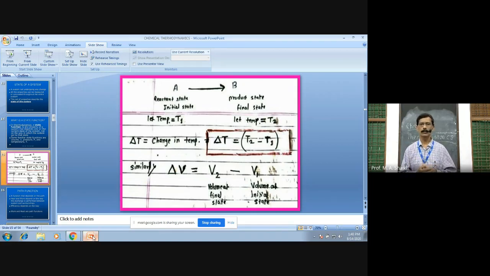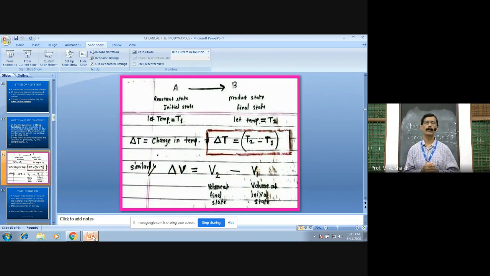To understand this, take one example. Suppose A indicates initial state and B indicates final state. Suppose T1 is the temperature at initial state and T2 is the temperature at final state. Temperature is a state function. Therefore, we can find change in temperature.